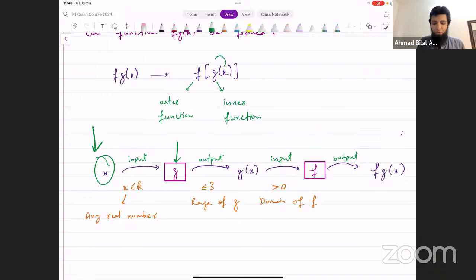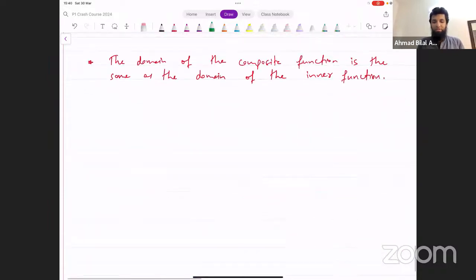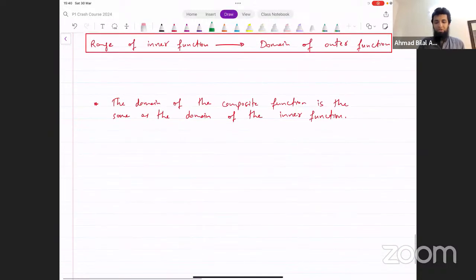X first of all goes to the inner function. So the composite function can take anything as an input that the function g can take as an input. All right. So whatever function g can take as an input, that's what the composite function can take as an input.